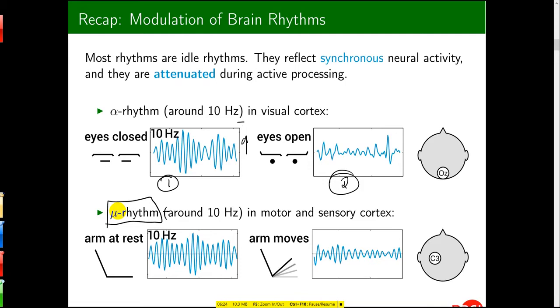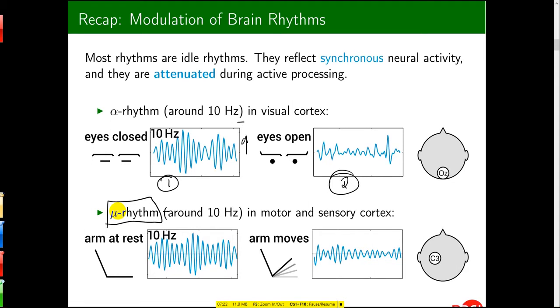How does this happen in the motor and sensory cortex? If alpha rhythm suppression happens in our visual cortex, we know the location of the motor and sensory cortex. There are some different namings in the brain: sulci or sulcus, and gyri. Sulcus is these tracks, and gyri is these foldings.